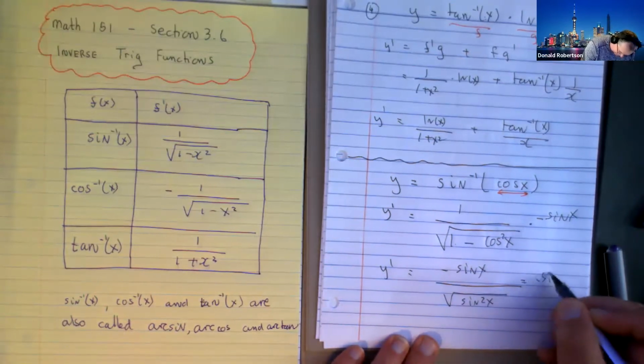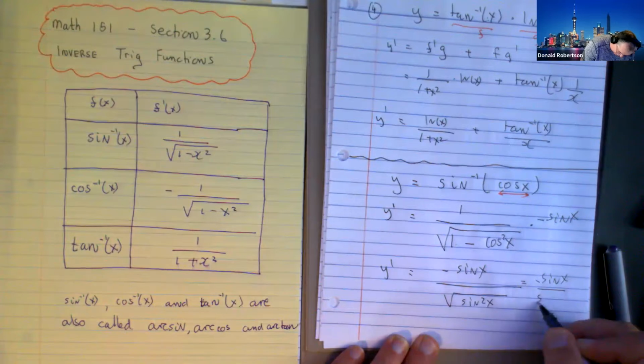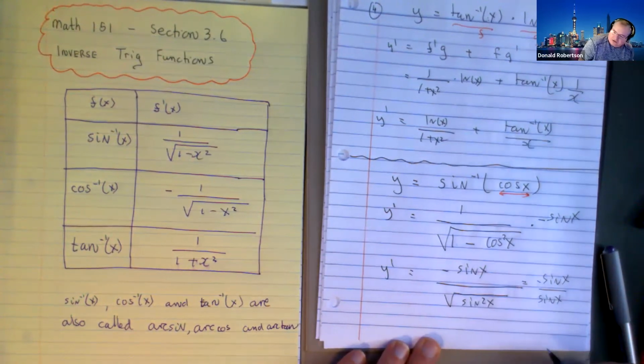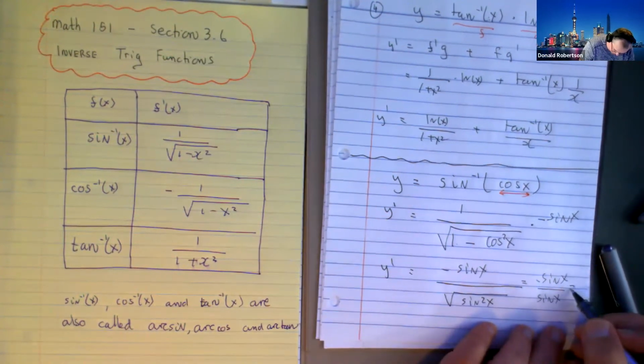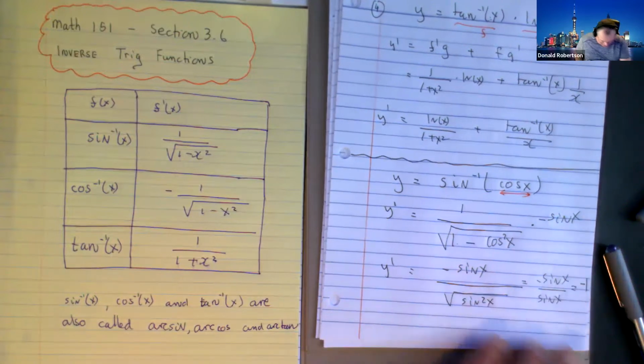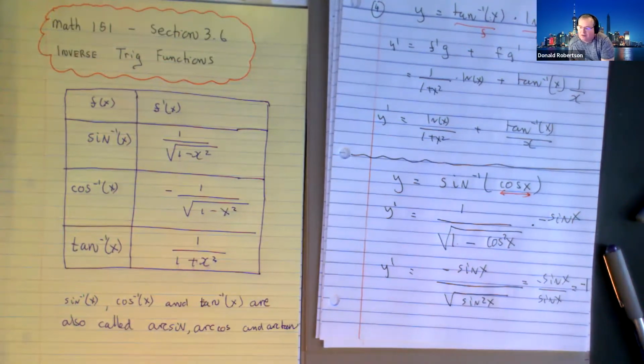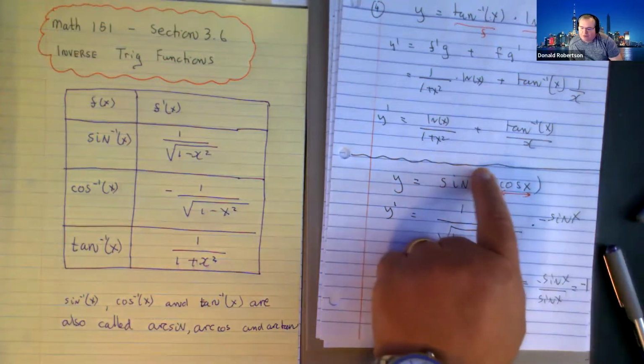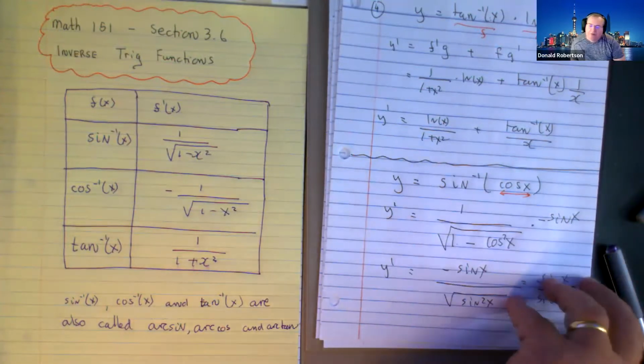And the square root of sine squared x is sine x. And the answer ends up being -1. That is weird, isn't it? That the derivative of this function is the number -1.